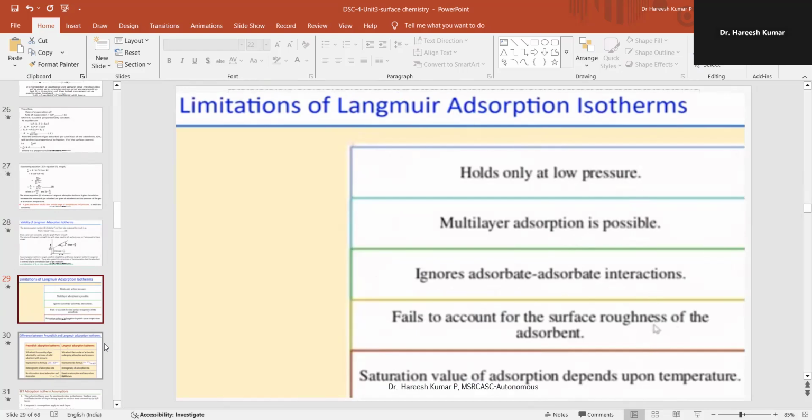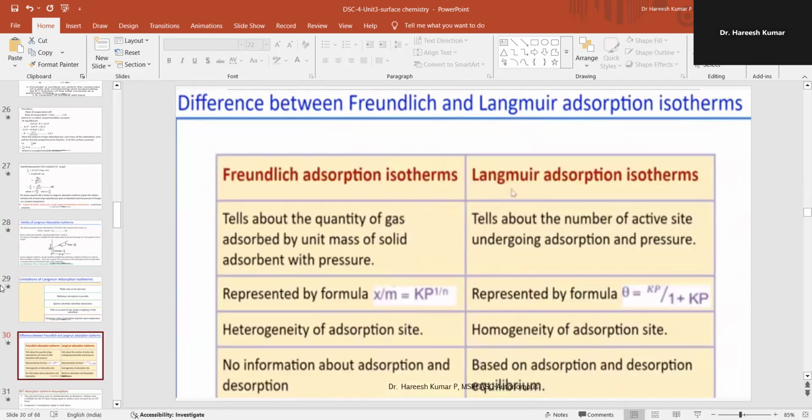Let's look into the difference between the Langmuir adsorption isotherm and the Freundlich adsorption isotherm. Freundlich adsorption isotherm tells about the quantity of gas adsorbed by unit mass of the solid adsorbent with pressure, and Langmuir tells about the number of active sites undergoing adsorption and pressure. Freundlich is represented by the formula x upon m is equal to kP to the power of 1 upon n.